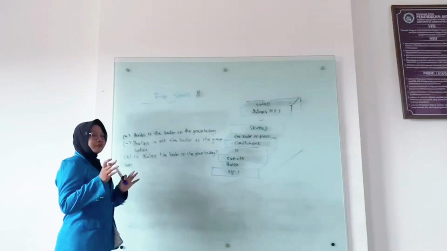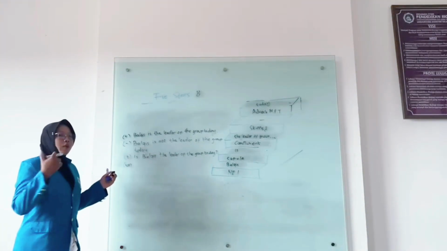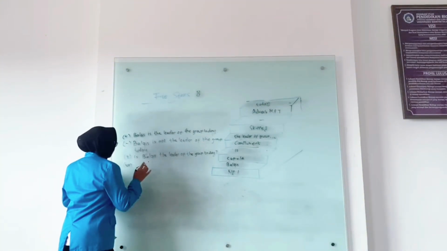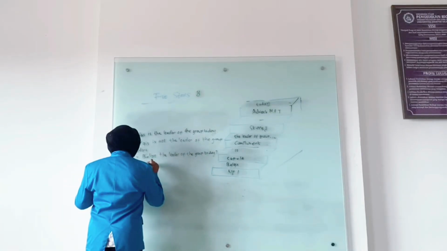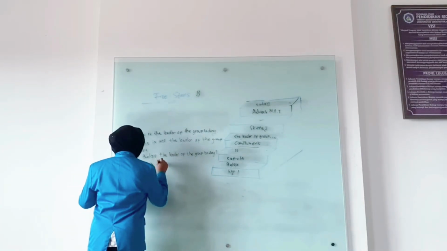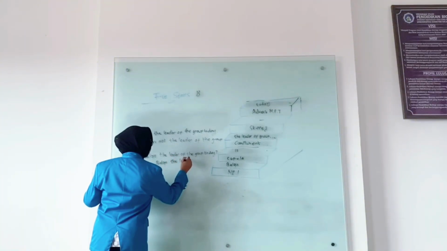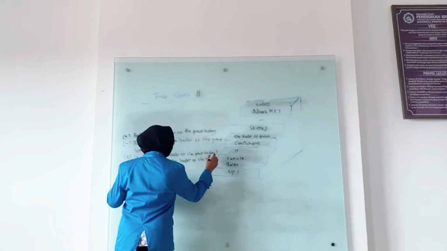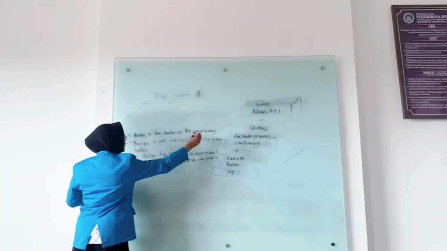Alright, we move to WH questions. We can use when, why, where, etc. But now we use when. When is Balqis the leader of the group? And the answer is today.